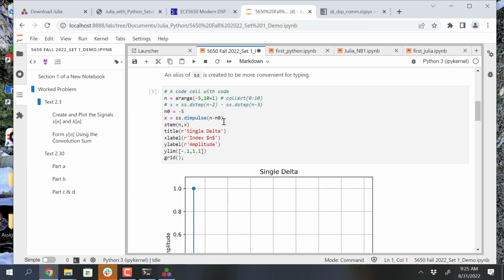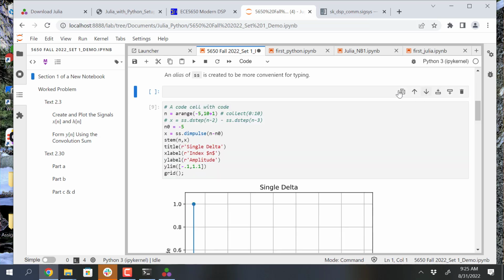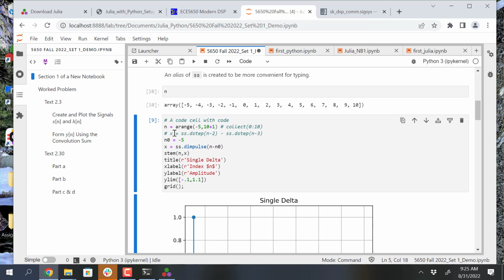So I can just do operations, and the beauty of Python is that N0 is a scalar, but N is an array. So if I just quickly add a cell up above here and look at what N turned into, N was defined with the arange command, so it ended up being an array that contains those values.